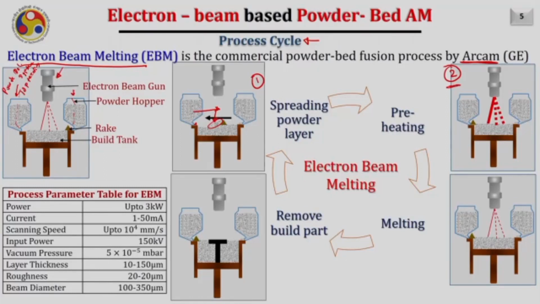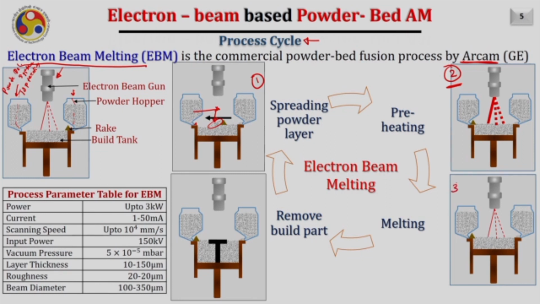So to increase the temperature of the powder bed, they increase the speed of the electron beam and move it with a very high velocity onto the powder bed in such a way that the powder layer which has just been spread gets preheated up to a certain temperature. After preheating, the next step comes, which is the melting of the powder. There are a few advantages associated with preheating, and we will discuss those in the subsequent slides.